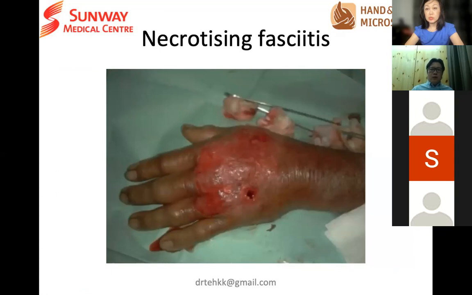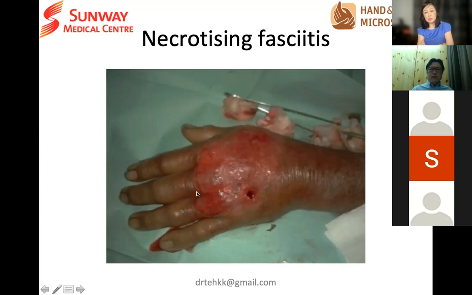He went to his garden, did some gardening, then he knocked his hand against the standpipe, and of course, he's also elderly, in his 80s actually, and he just ignored the small little injury, and that small little puncture is this hole here, and the bacteria just get in underneath the skin and cause this infection. Wow.